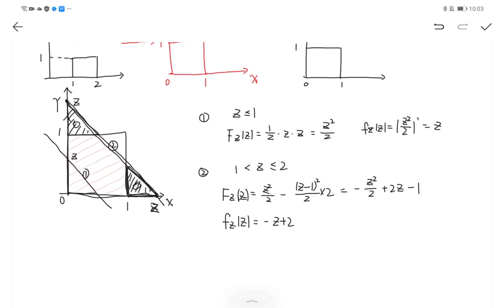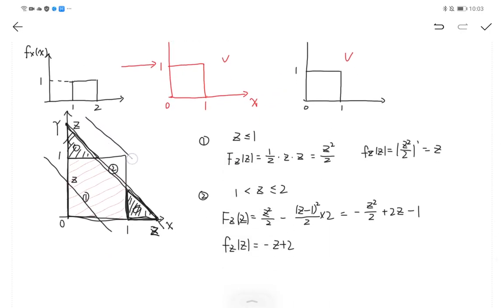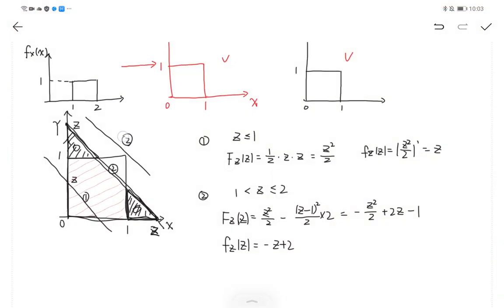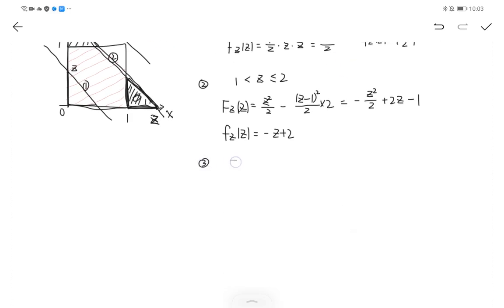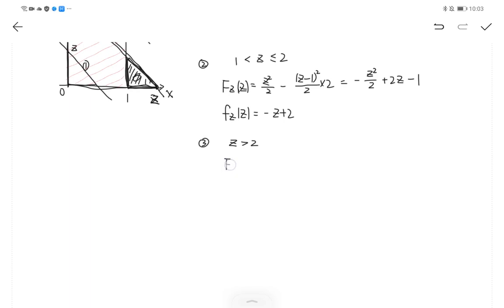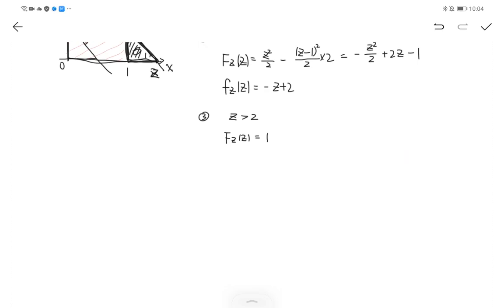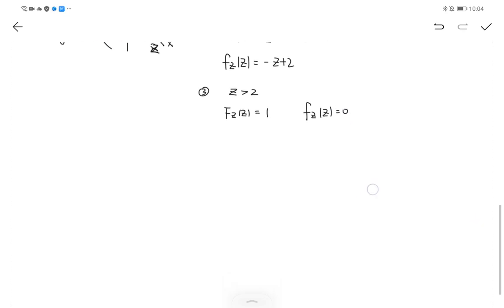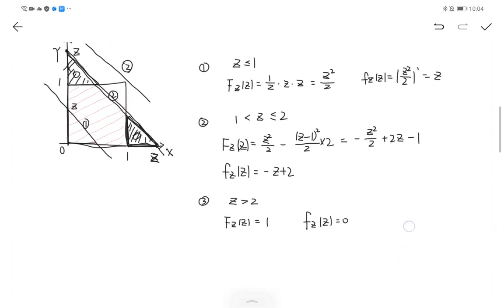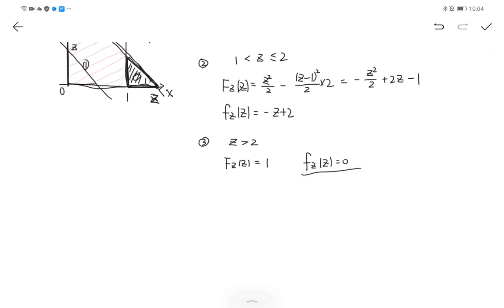And there is situation 3, which is like this. For situation 3, z is more than 2. If z is more than 2, we know that the distribution function equals 1, and obviously the density function equals 0. So above all, we can draw the graph of the density function.